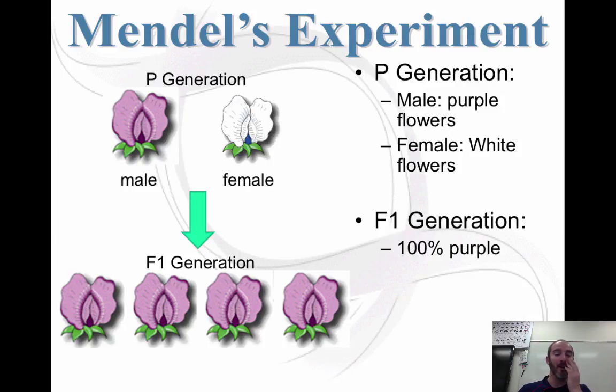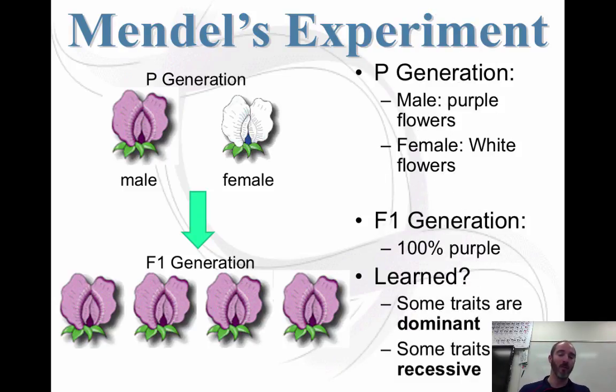And so Mendel had to think about this for a little bit, and he came to the conclusion that whatever the gene or packet of information that codes for purple must be dominant over whatever codes for white. That if I crossed two individuals that have two different traits, like this, as far as flower color, the purple flower color is a dominant trait over the recessive white trait.